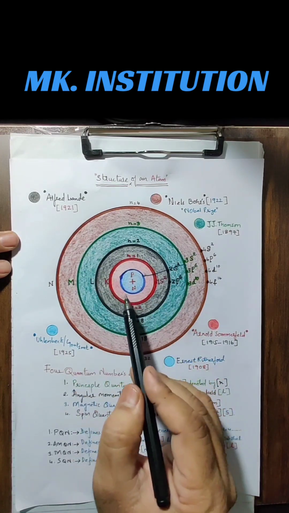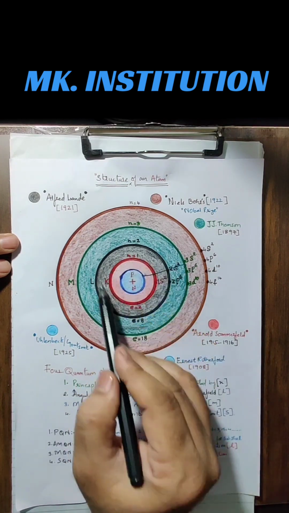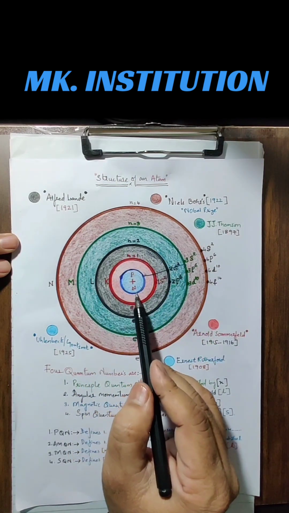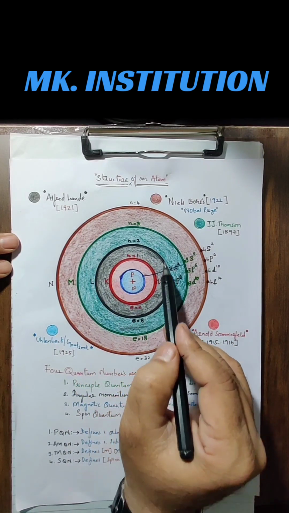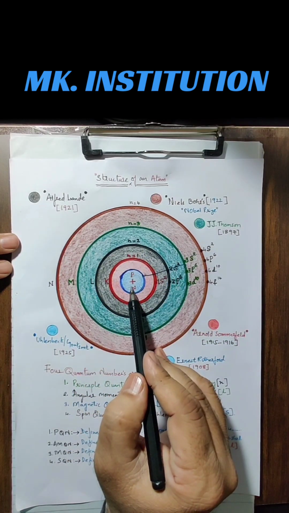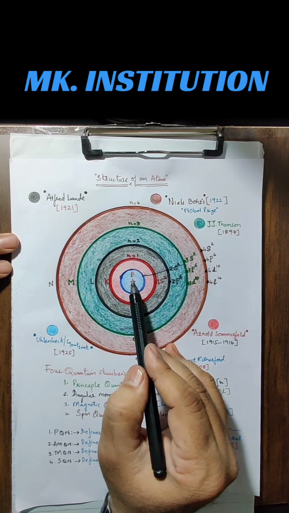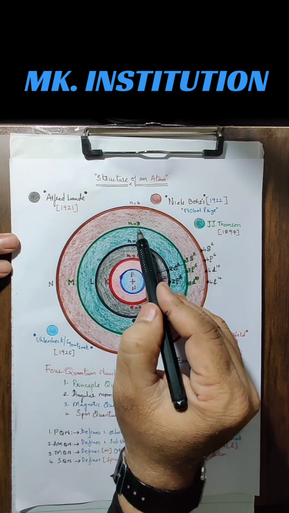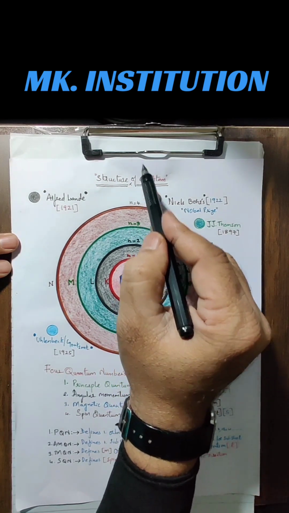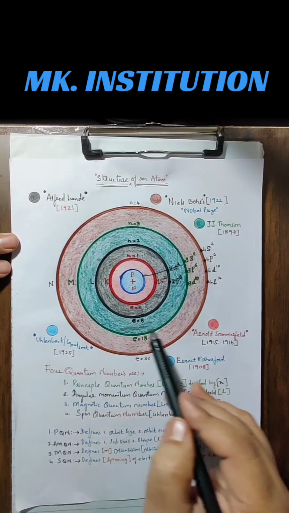Imagine the solar system, with the sun and the planets revolving around it. Same like that, all the electrons revolve around the nucleus. Inside the nucleus, neutrons and protons are there, and outside are the orbits: orbit 1, orbit 2, orbit 3, orbit 4, orbit 5.